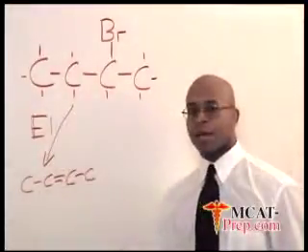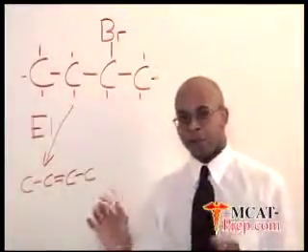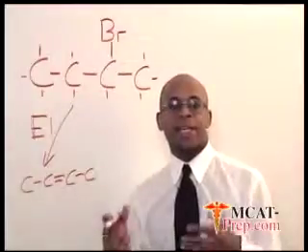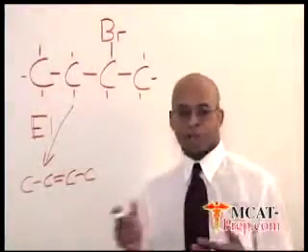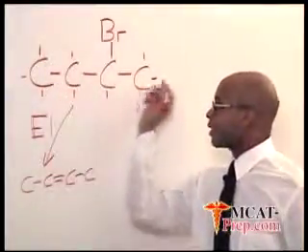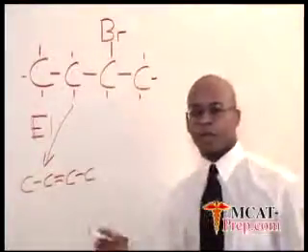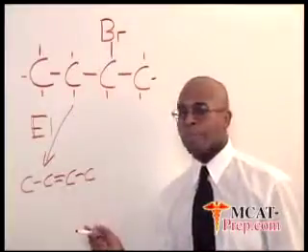That's the E1 product. Now let's imagine that this was again in solution, but the solution contained a base like KOH or NaOH. So there's some OH minus that's floating around. Let's say again that this in solution dissociated. So again, Br minus falls off. We've got a positive charge here. It's 2-butyl.